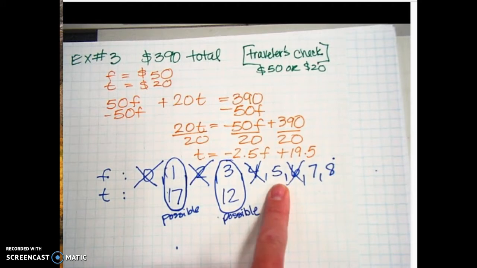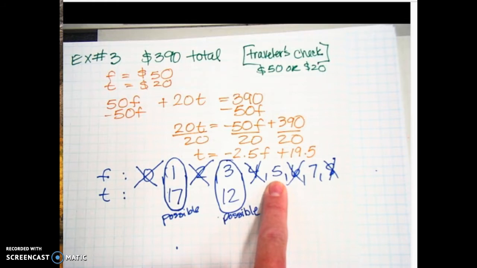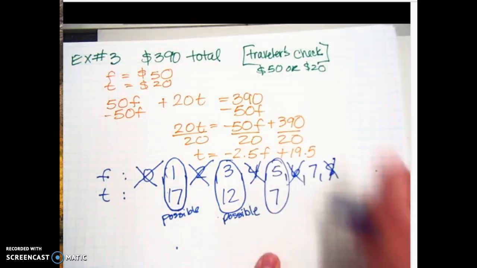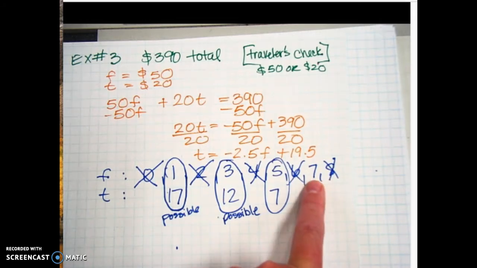Now let's try 5s. So 5 50s is how much? $250. Subtract that from the 390. What does that put you at? 140. So how many 20s are you going to have? 7. Yep, that's possible. We know 6 doesn't work. If you have 7 50s, how much money is that? 350, right?